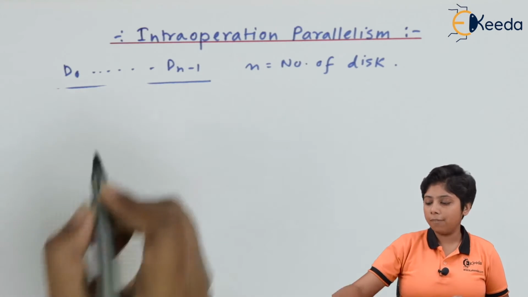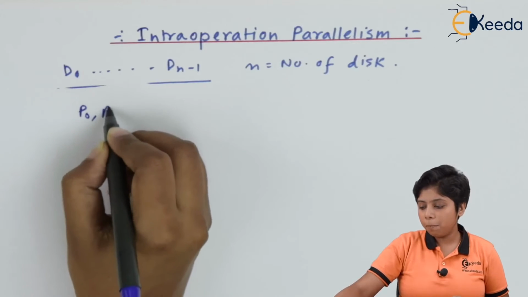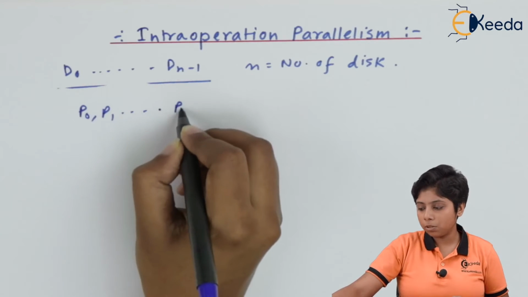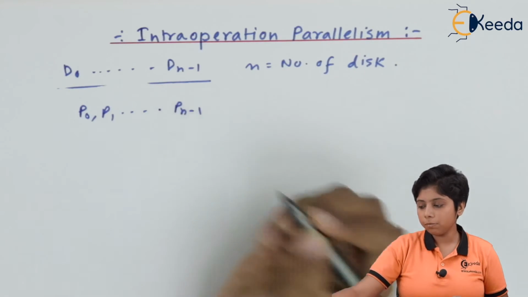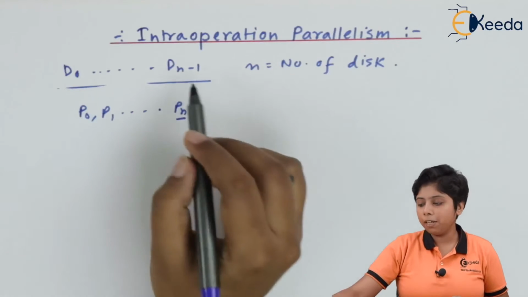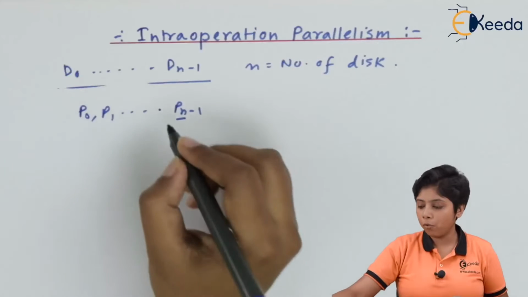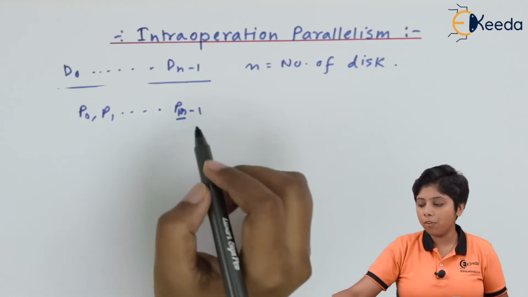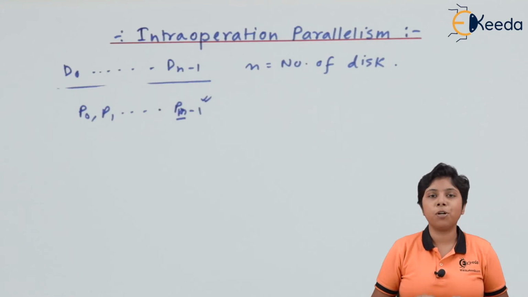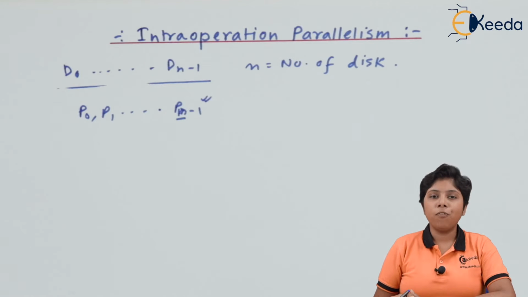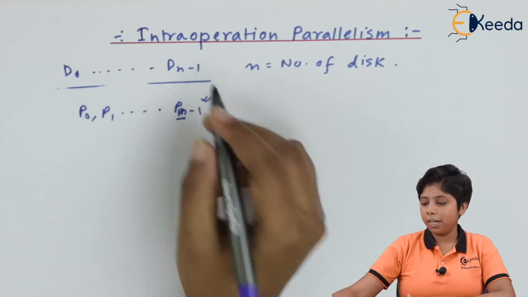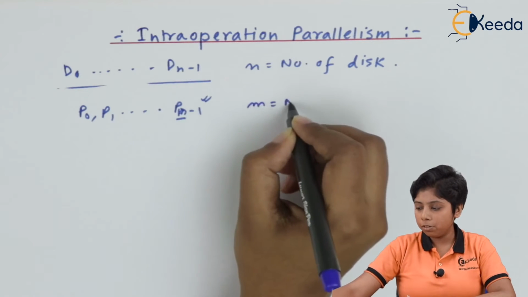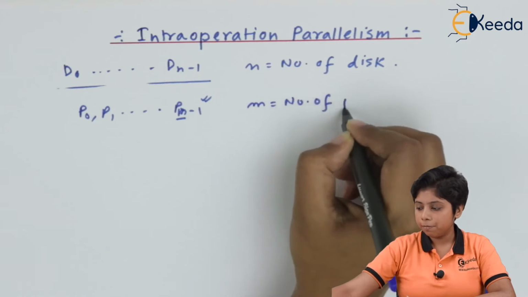Now suppose we have the processors P0, P1 to Pm-1. The n could be confused with the number of disks, so we make this m-1. That means we have m processors and n disks associated with them, where m is the number of processors.